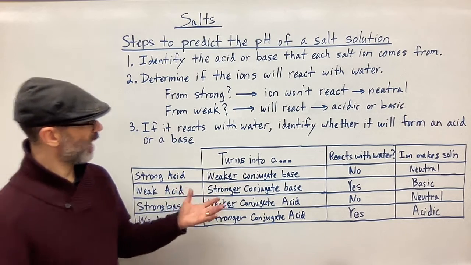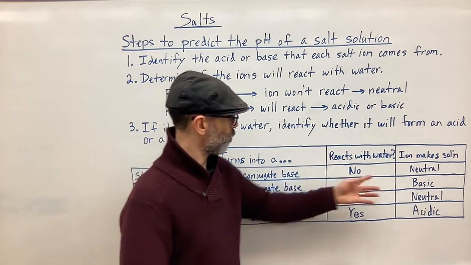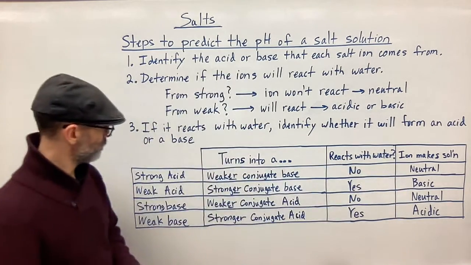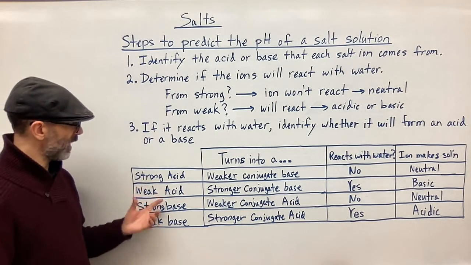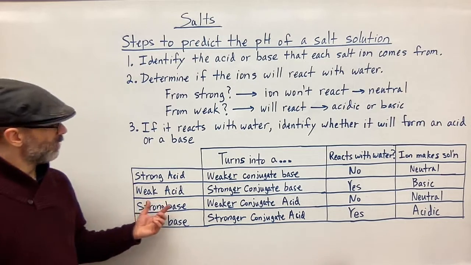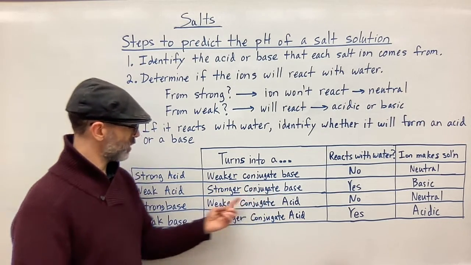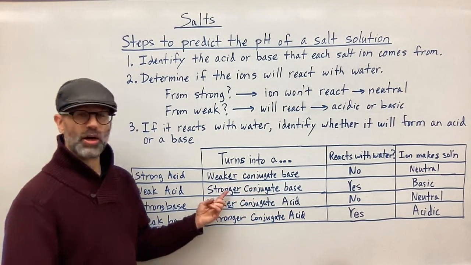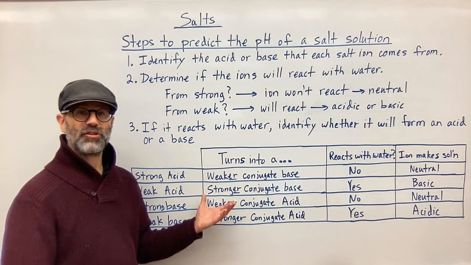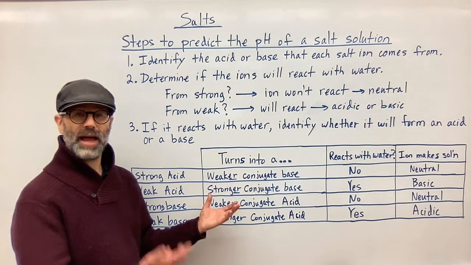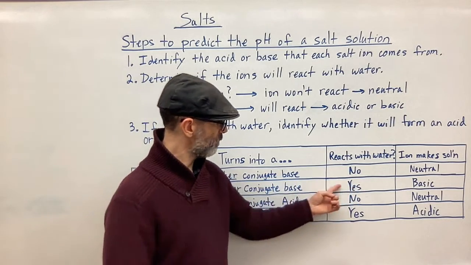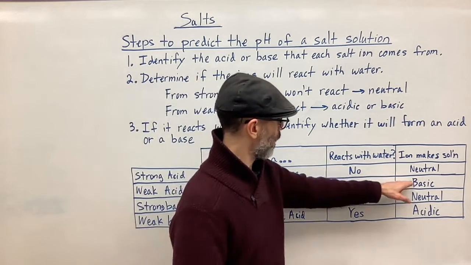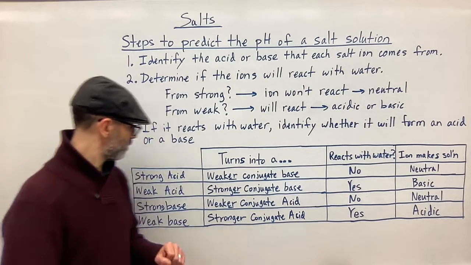That means it's not going to react with water and it's going to be a neutral solution. If the ion came from a weak acid, it's going to be a stronger conjugate base, and so it's going to react as a base in water. So it's going to react with water and form a basic solution.